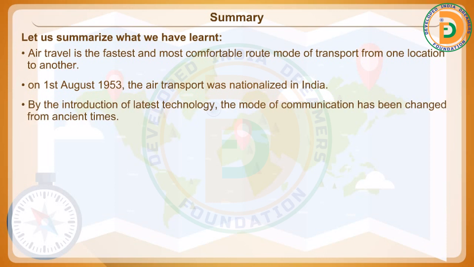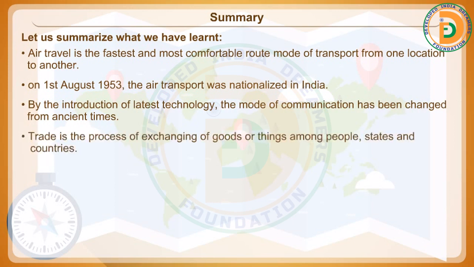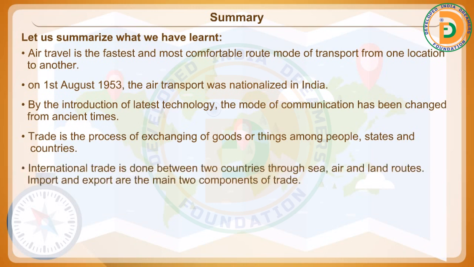By the introduction of the latest technology, the mode of communication has changed from ancient times. Trade is the process of exchanging goods or things among people, states, and countries. International trade is done between two countries through sea, air, and land routes. Import and export are the two main components of trade.